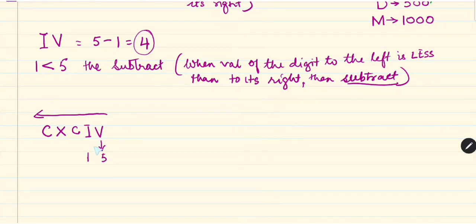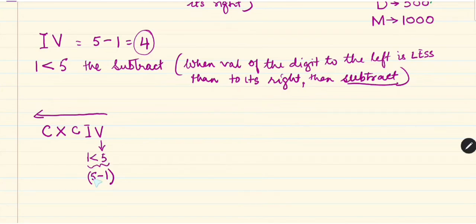We see that I is less than V, 1 is less than 5. So for these two, we have to subtract. What do we subtract? 5 minus 1. From the higher value, we subtract the lower value.